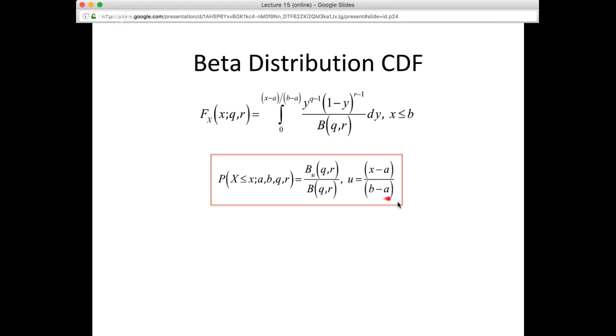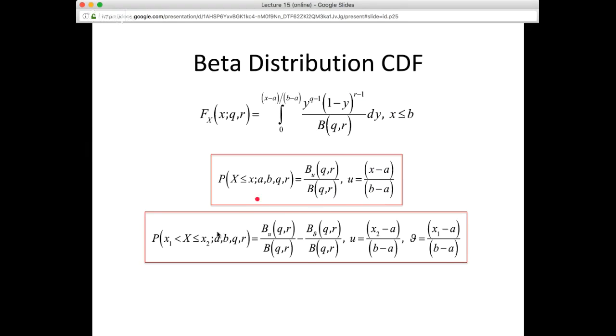So the bottom line is that we can solve the general beta distribution problem using this very simple result for the CDF of the standard beta distribution just by performing this variable transformation here, setting u equal to x minus a over b minus a.